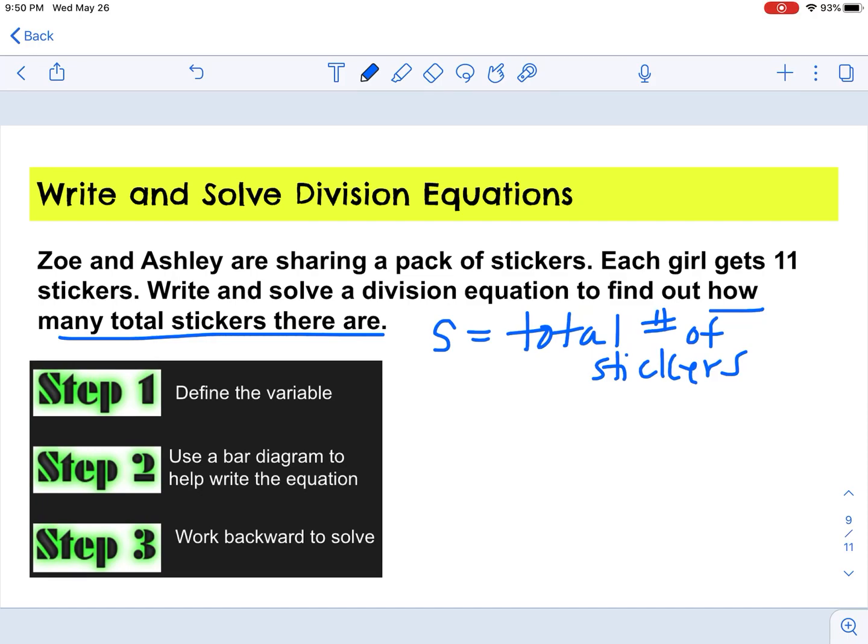Okay, we're going to use a bar diagram to kind of make sense of this equation here. So we don't know how many stickers they start with. We're not sure, so we're just going to call that S. But we know that each girl is going to get 11 of them. We're not really sure how many different groups it's going to get broken up into.